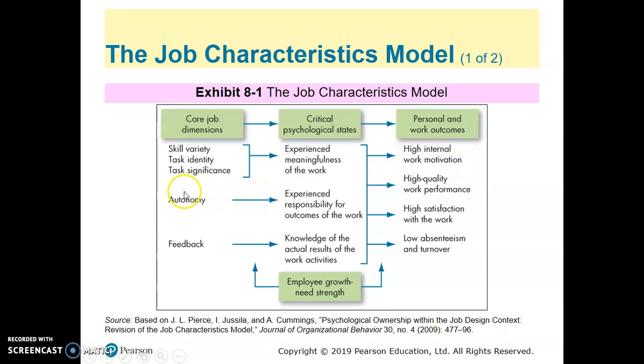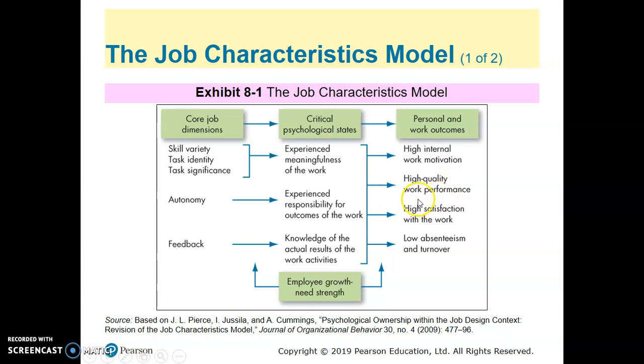And next is autonomy. If the job has autonomy, the employees will feel more responsible to perform the job effectively, and will be more responsible in determining their performance or the outcome of their performance. This will lead to high quality of work performance because they've been given autonomy, they've been given trust to perform the job.